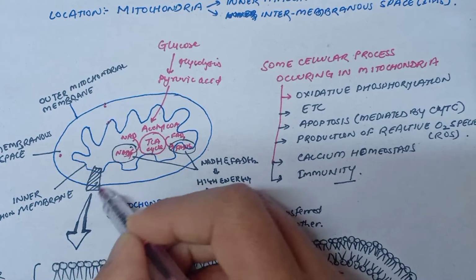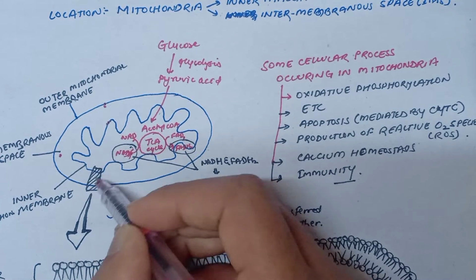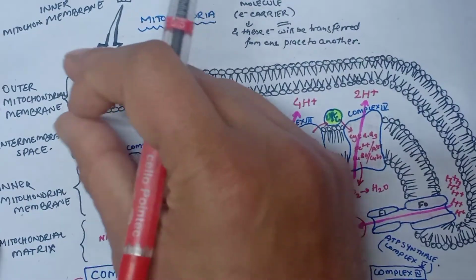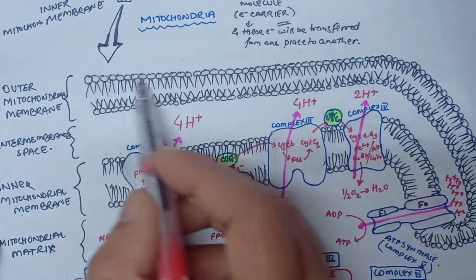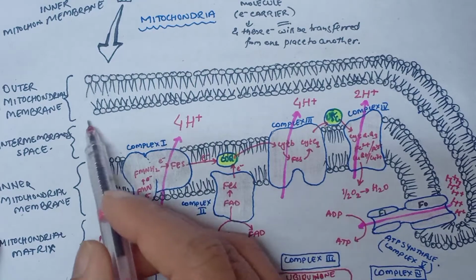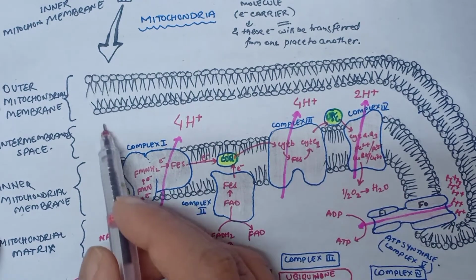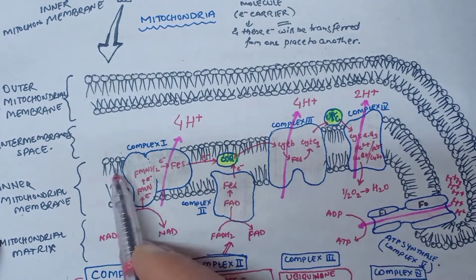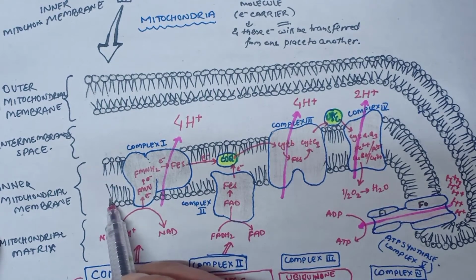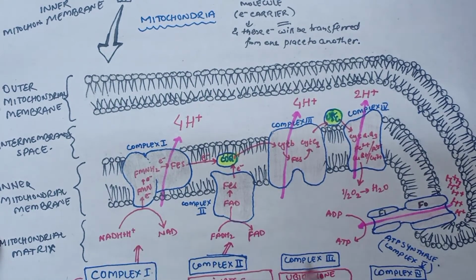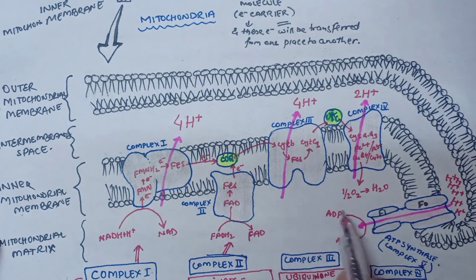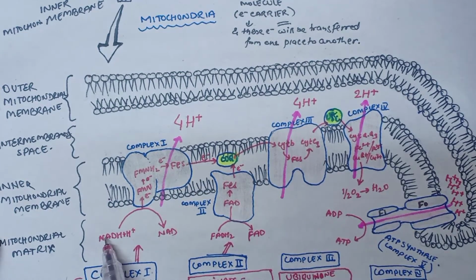Now if we focus on this part of mitochondria, it will look somewhat like this. So this is the outer mitochondrial membrane. This space is known as the intermembrane space, and this is the inner mitochondrial membrane, and below inner mitochondrial membrane is the mitochondrial matrix.